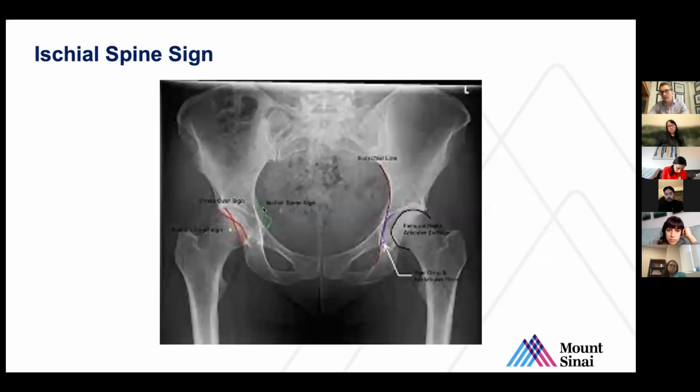We also look for the ischial spine sign. Is it a prominent ischial spine as compared to the other side? That is another clue that this could be a retroverted acetabulum. And then we have a posterior wall sign. Sorry, it's blurry here. See this dot right here? This dot is the center of the femoral head. If that center of the femoral head is lateral to the posterior wall, that is a posterior wall sign.